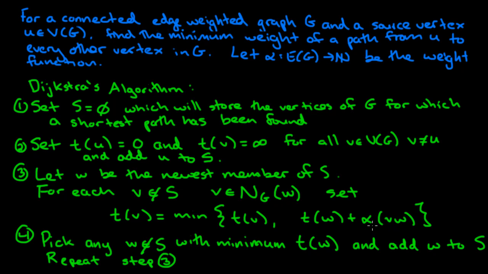So what you do is you take the weight of the path of minimum weight that got us to W, and then we tack on the weight of the next edge that gets us to V.